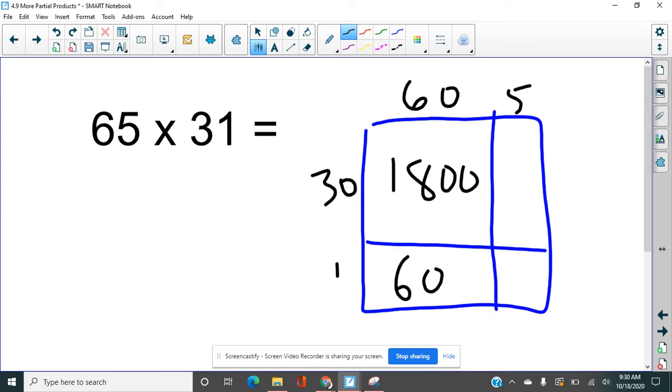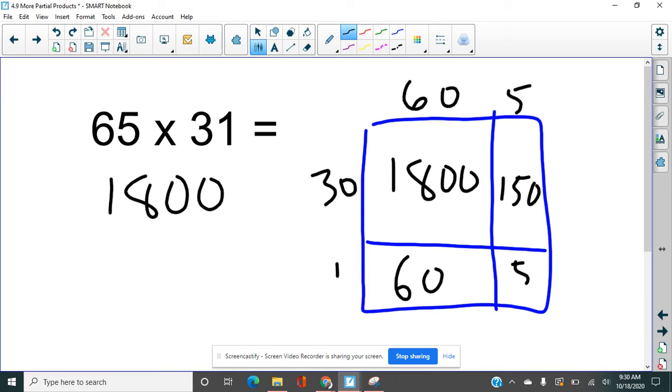Anything times 1 is itself, 60. What 2 numbers do I need to multiply for this box? 5 and 30, right? Look up, look to the side. 150. And then what is the answer for this box? Just 5.